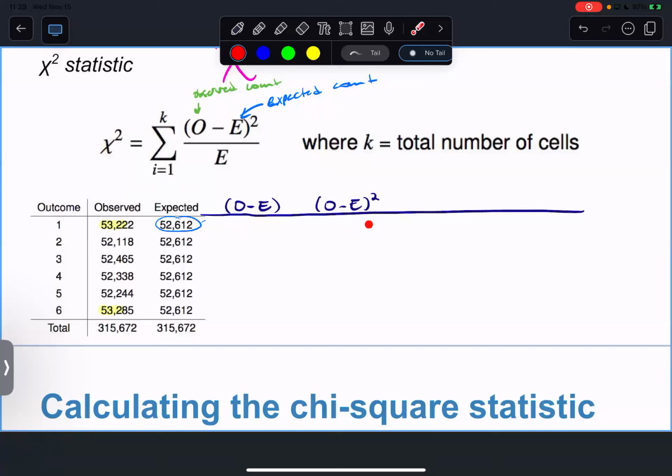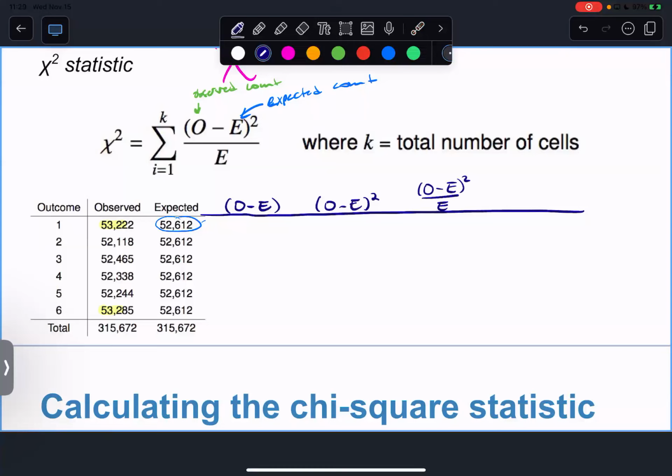So I'm not saying that you should go back and forth, but it's nice to have them so you can visualize them. And then I would build the observed minus the expected squared divided by the expected, which is just the previous column divided by the expected count.